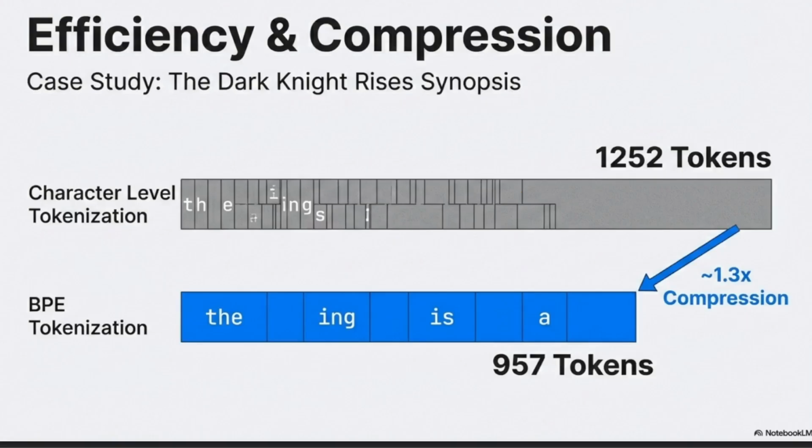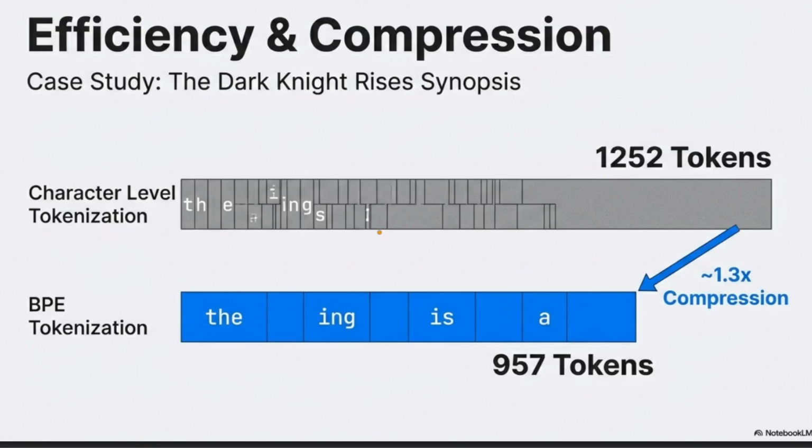So why would we go through all this trouble? It's for efficiency. In a test using, let's say, The Dark Knight Rises synopsis, character-level tokenization resulted in 1252 tokens.